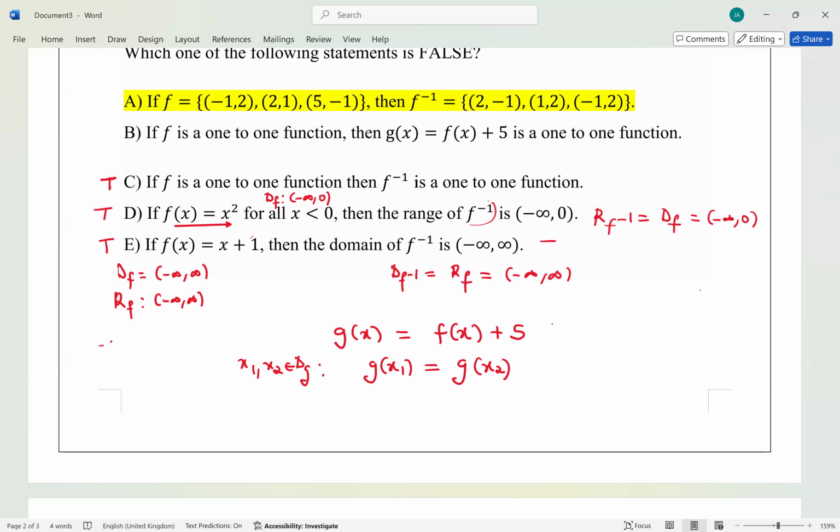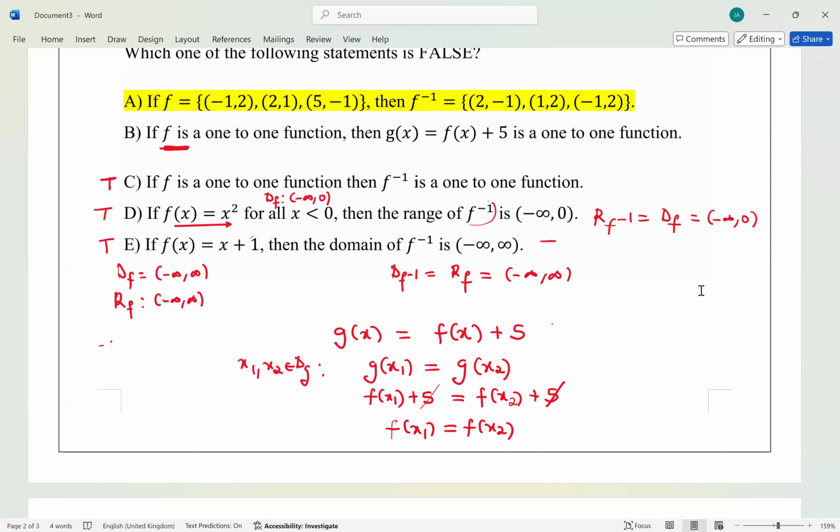Now, what is g of x1? It is f of x1 plus 5. This is equal to g of x2, which is f of x2 plus 5. You see? Now, from here, 5 will cancel 5. So you have f of x1 is equal to f of x2. Remember, you were already told in the question that f is one-to-one.